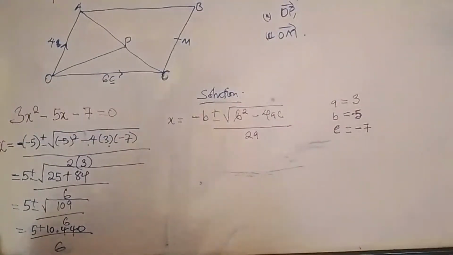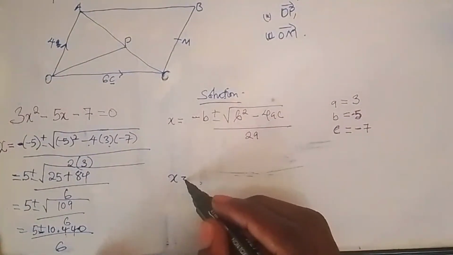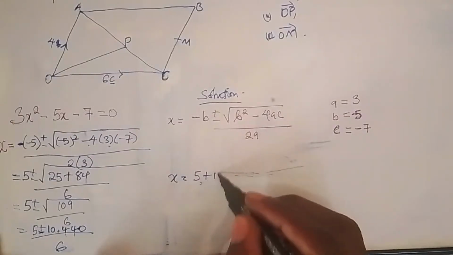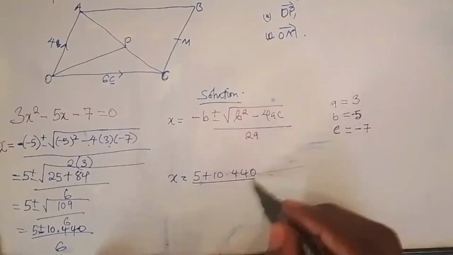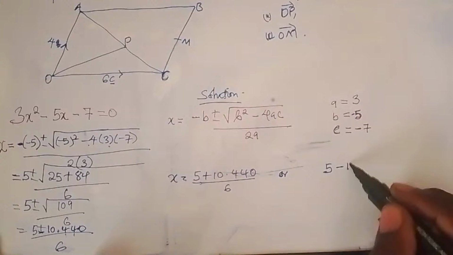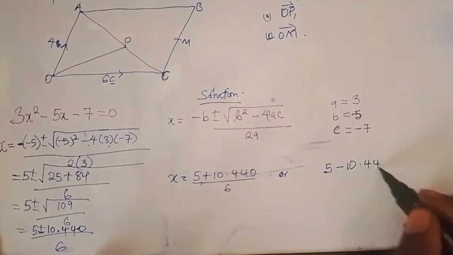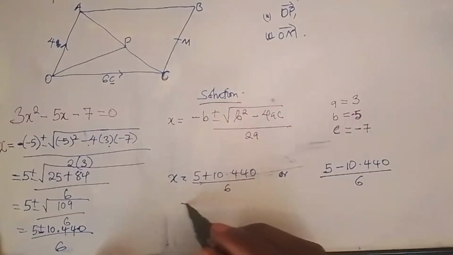Then now here you can split the signs. So since we have positive and negative, our answers should be positive and negative. So you say now x is equal to 5 plus 10.440 divided by 6, or 5 minus 10.440 divided by 6.